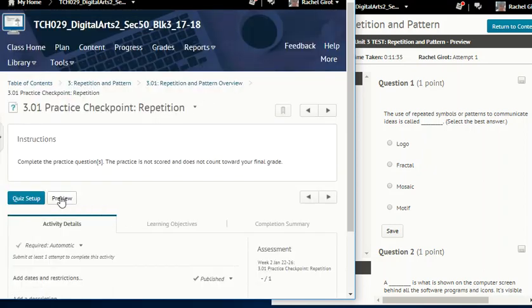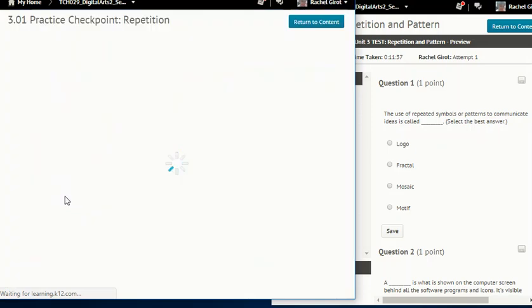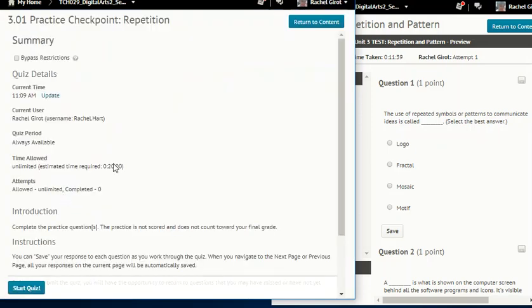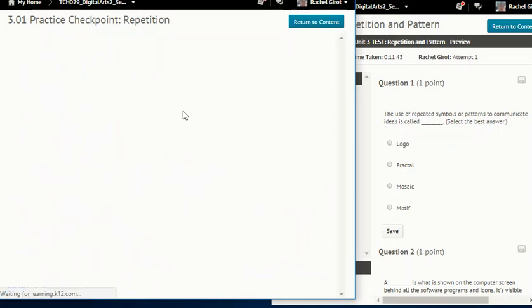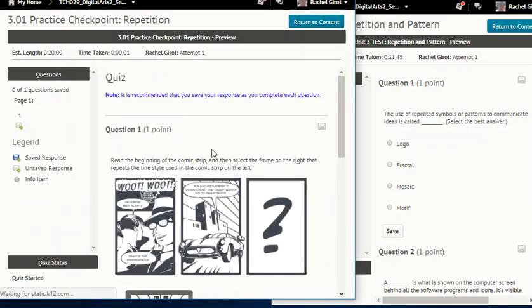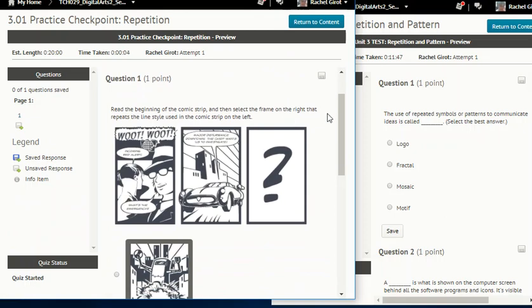Oh, here's our checkpoint. Read the beginning of the comic strip and then select the frame on the right that repeats the line style used in the comic strip to the left.